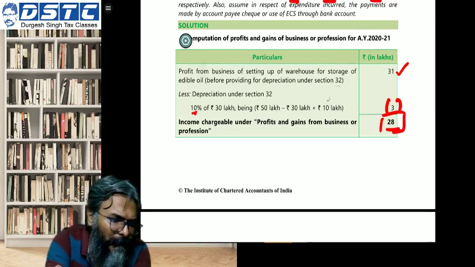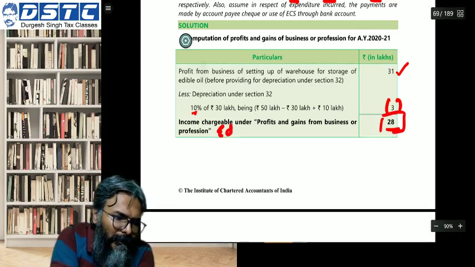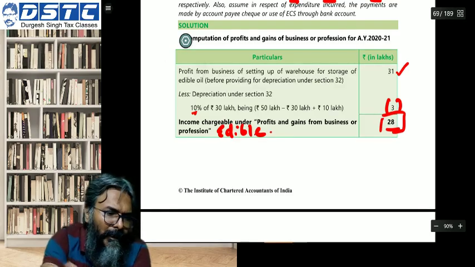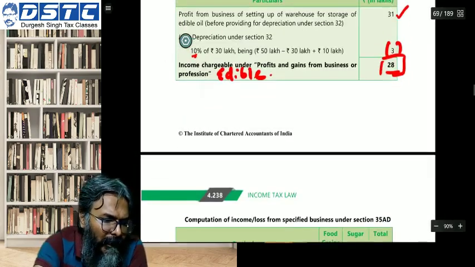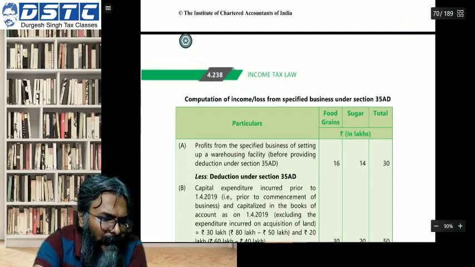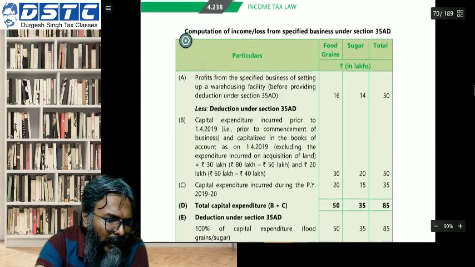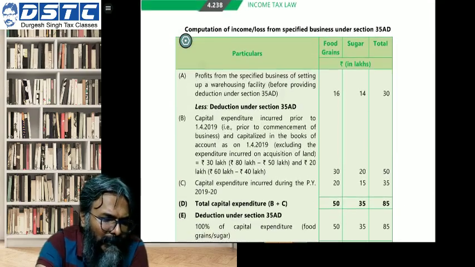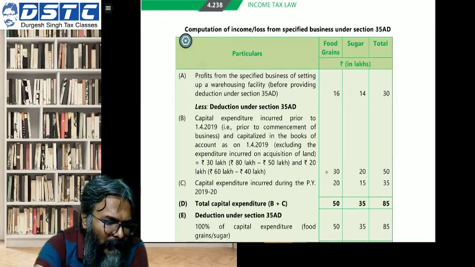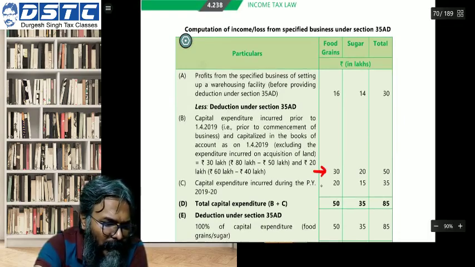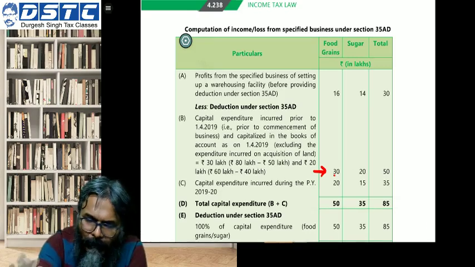Which business? Edible oil. Okay. What about the remaining, food grain and sugar? So 16 lakhs and 14 lakhs are the amounts. If you talk about the deduction excluding the land expenditure, then before the commencement of business, which is 30 and 20, it is automatically going into loss, students.